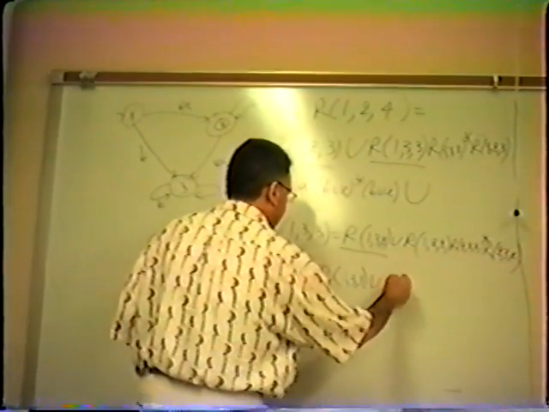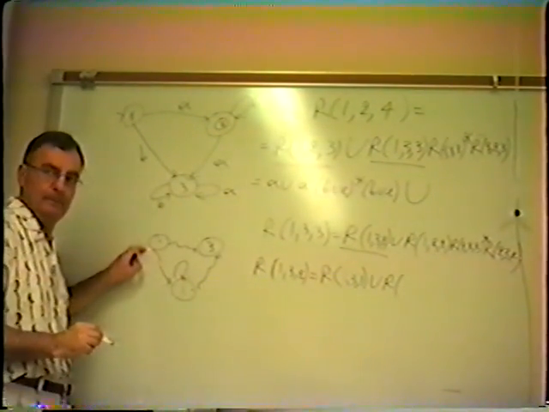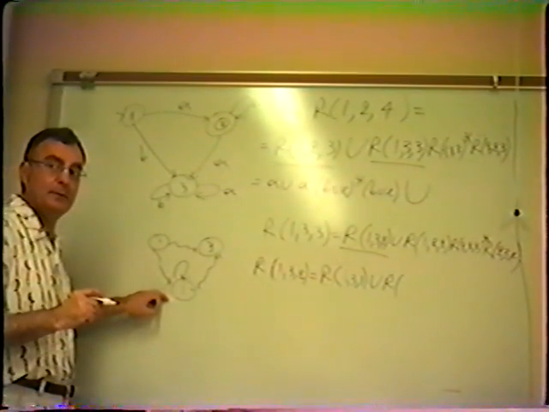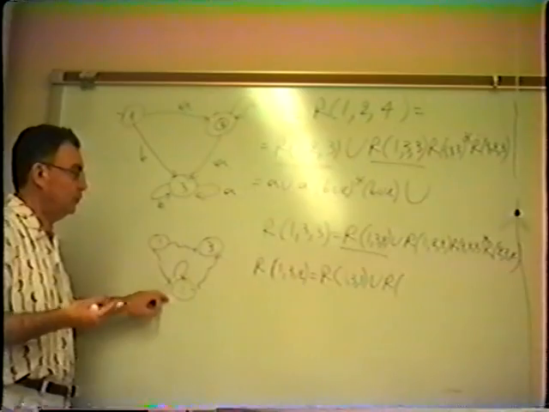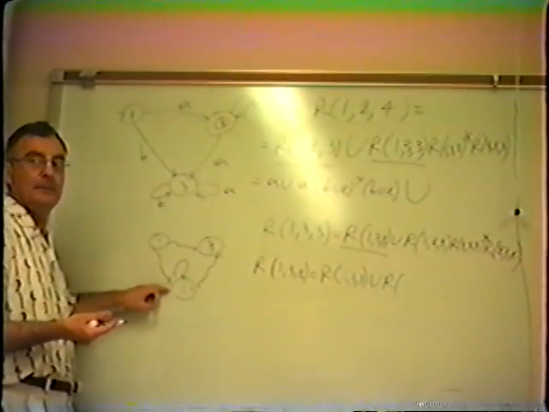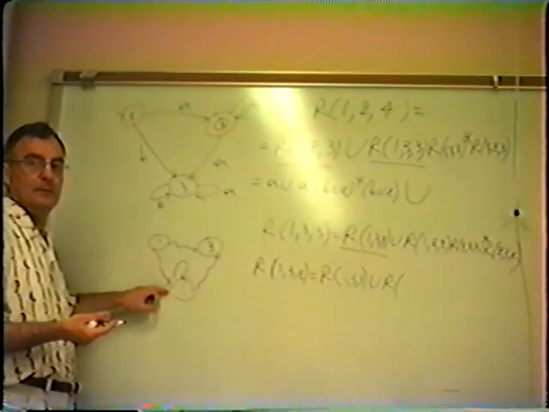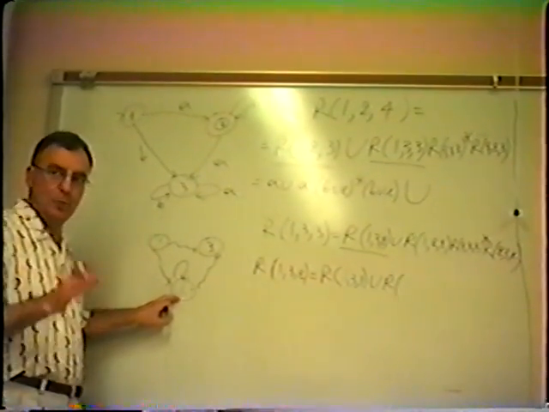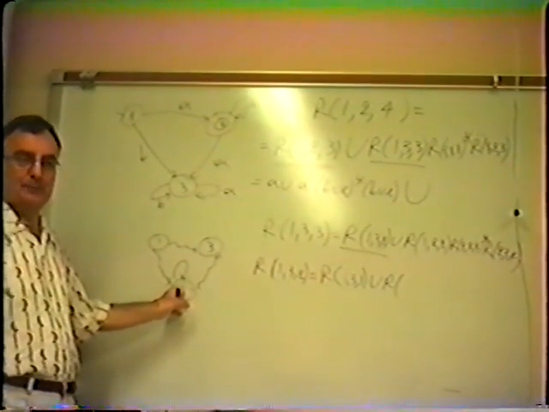Union R1, 1, 1, not 1, 1, 3. They will go from 1 to 1 without crossing that 1.